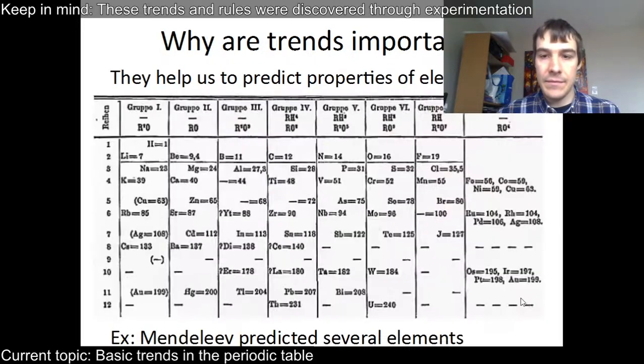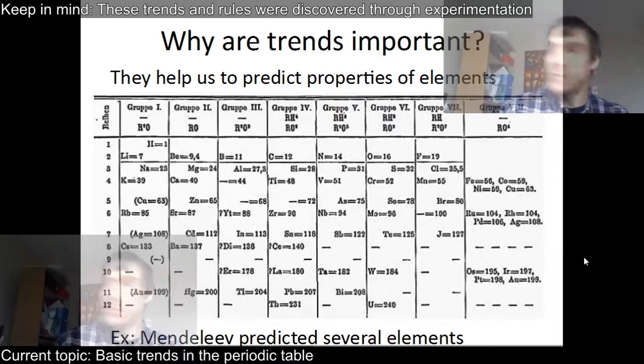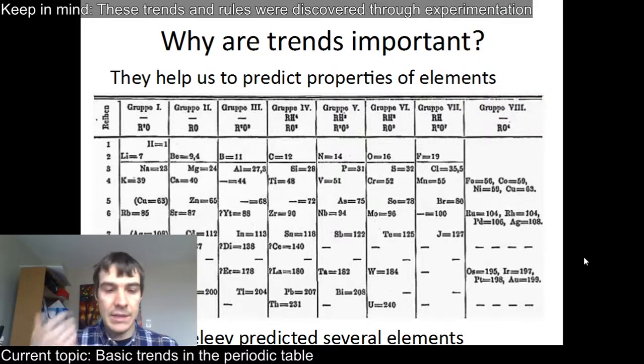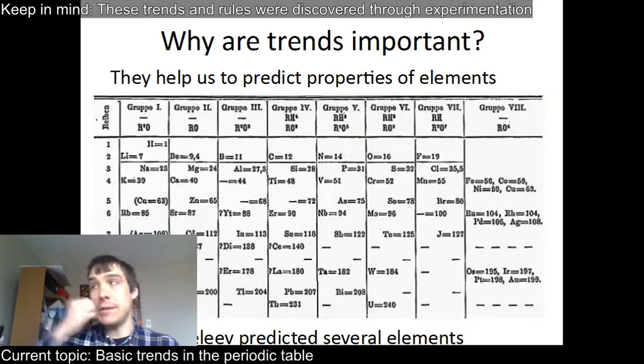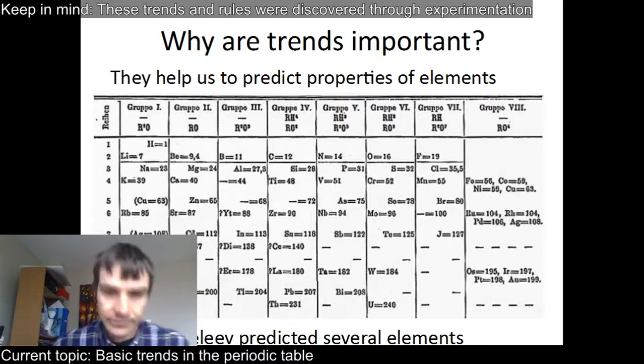Why are the trends important? Well, it helps us predict properties of elements. So knowing these trends, studying how it changes as the amount of protons and neutrons and electrons changes, you could maybe make predictions on what kind of elements we can see, or predictions of elements that you might want to try as a substitution for something.